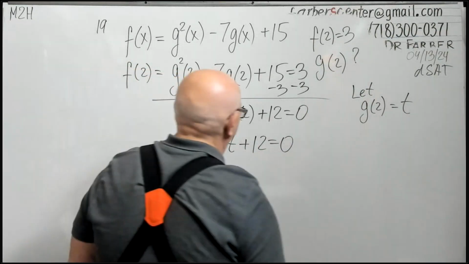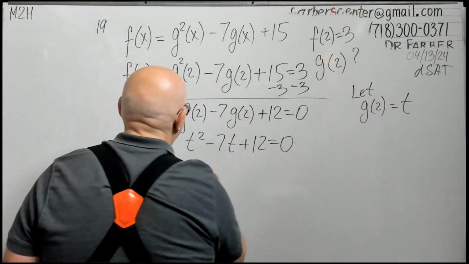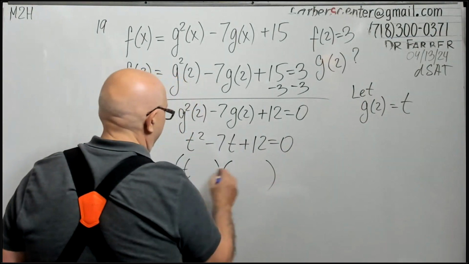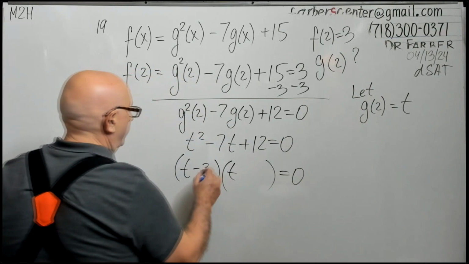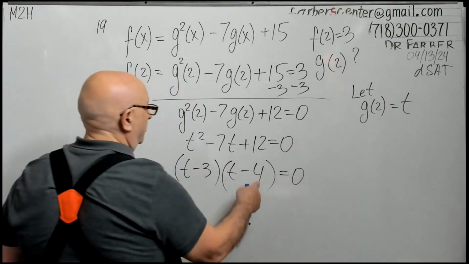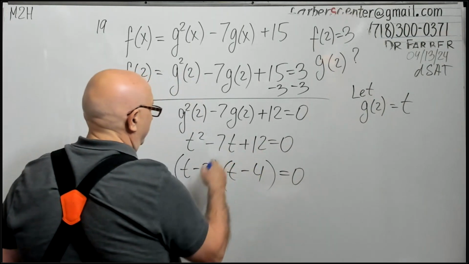Okay, what do we have? T minus 3 and t minus 4. Vieta: negative 3 times negative 4 is 12, negative 3 plus negative 4 is negative 7.